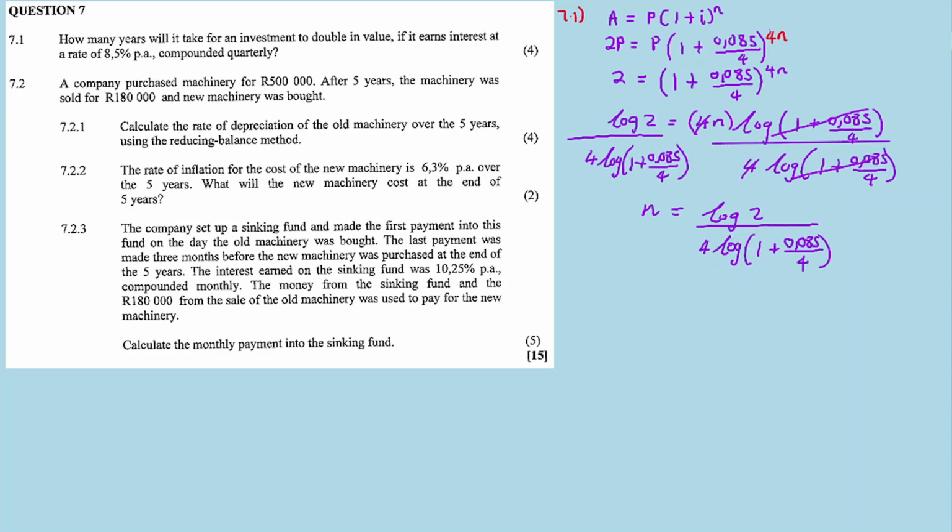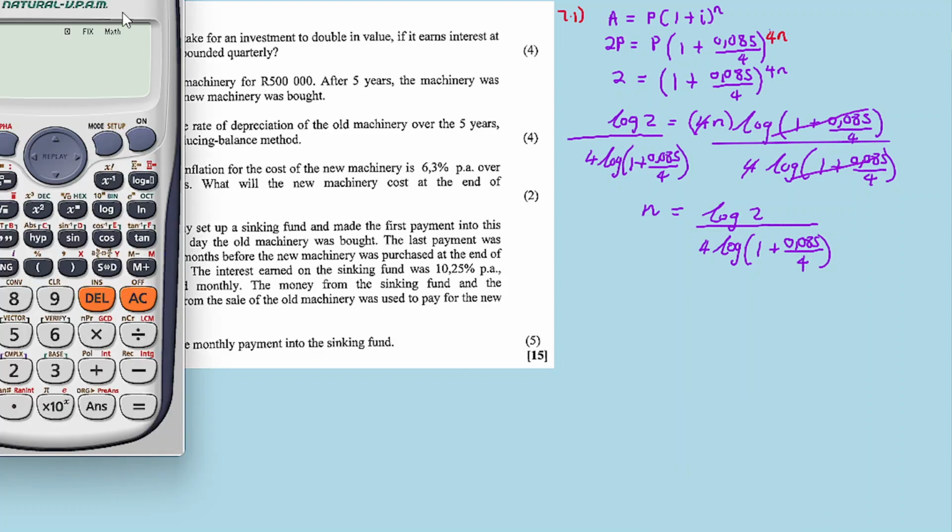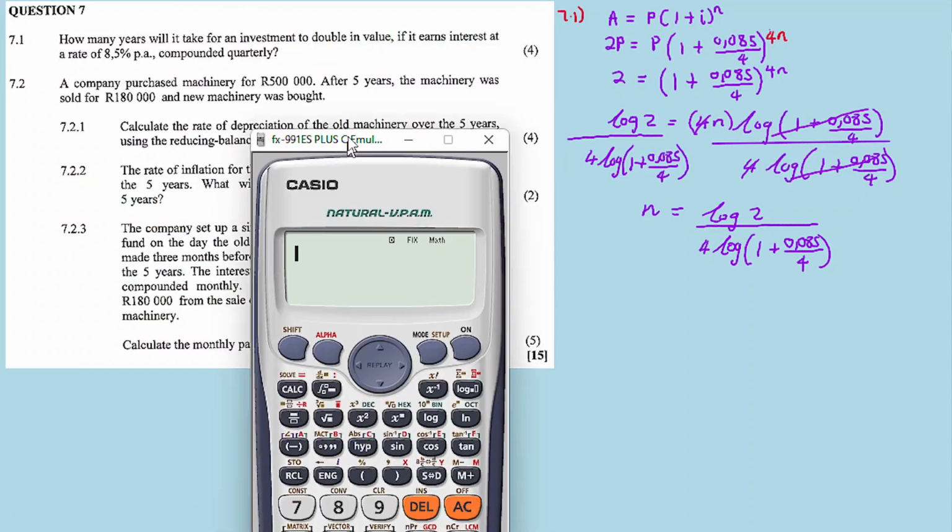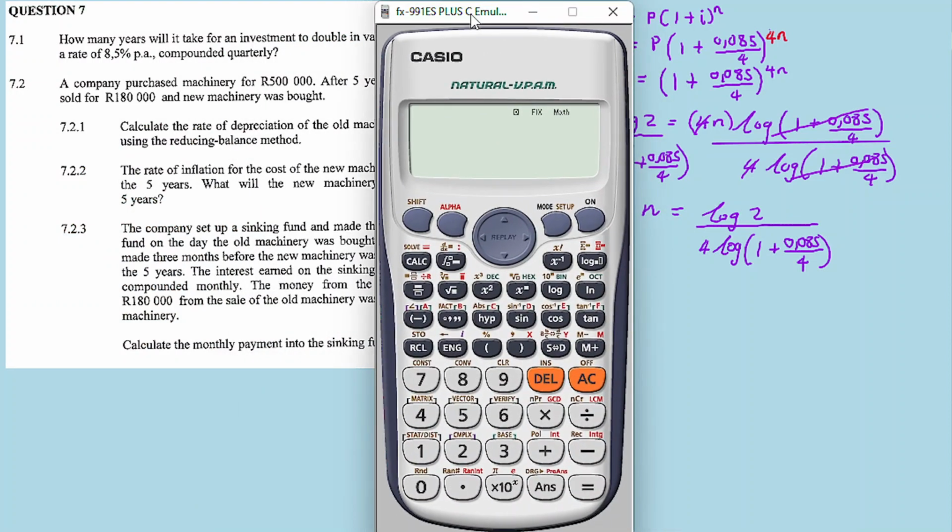Yes, and then it's our final answer now. We find our answer by calculating la. So it's going to be log 2 divided by 4 log, open bracket, 1 plus 0.085 divided by 4, close bracket.